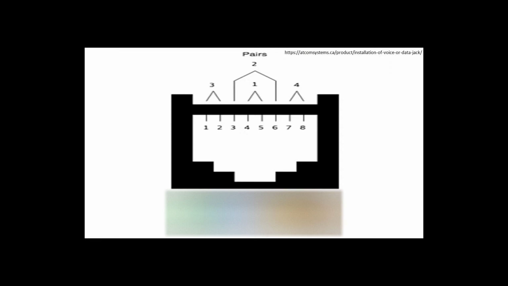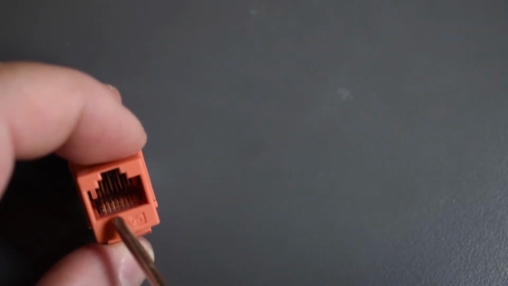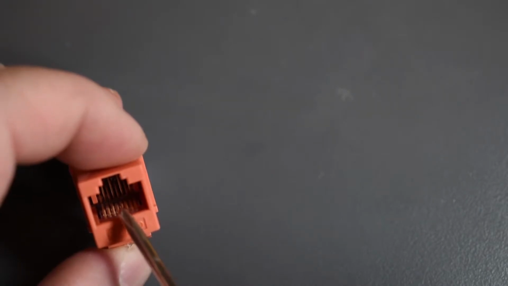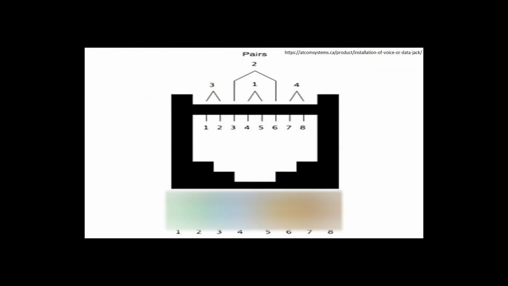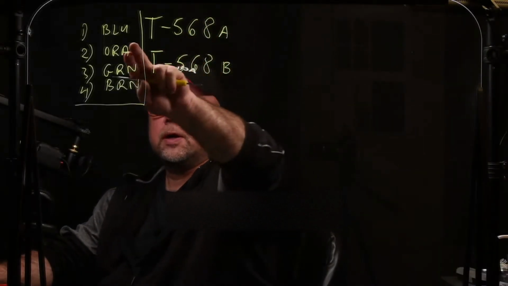Go by the pairs. So here's pair 1. It goes right in the middle of the jack. So pair 1 would go to the very middle of these prongs. The 2 prongs, that's going to be pair 1, which is going to be blue. Remember? Pair number 1 is blue.